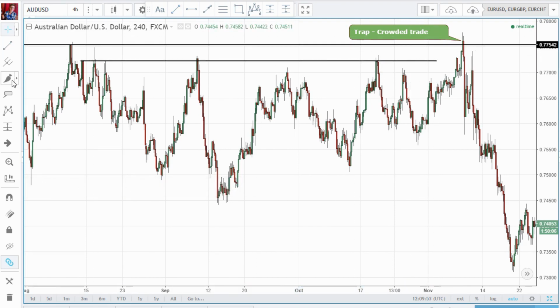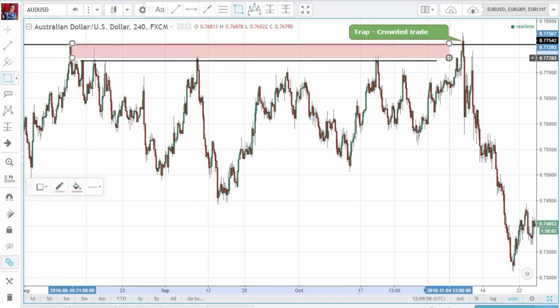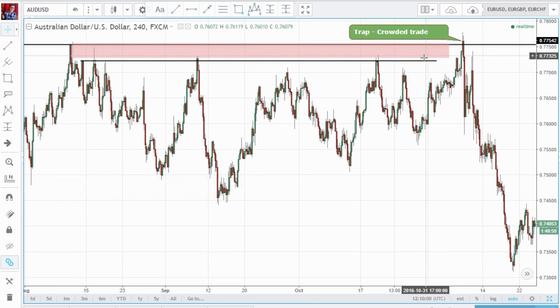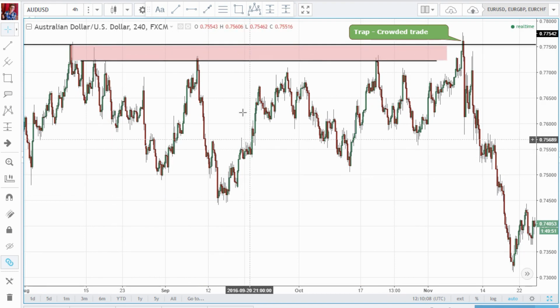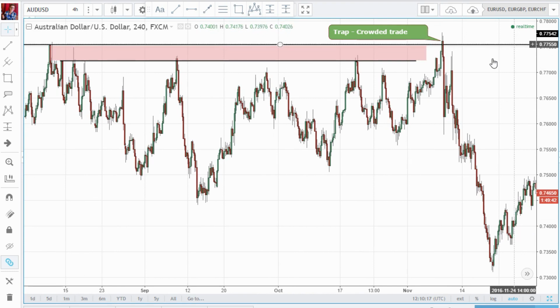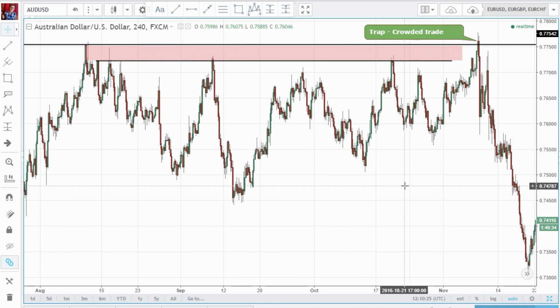And so you can see that this is now more or less a resistance zone that we have on our charts and not just a pure level, which is also important to understand: price is a very dynamic concept, and very often you have those zones instead of just single lines. You can see here we have a lot of reactions in this zone, and later on we will see that once you have a zone and price comes back to it, we can use our wave analysis to find out when those turning points are, and we can combine all the features that we will learn in this course.